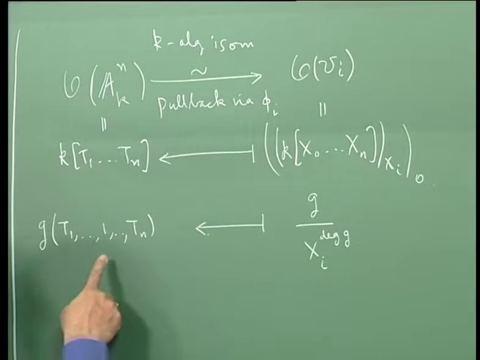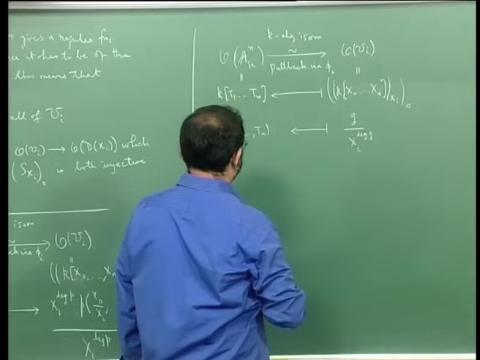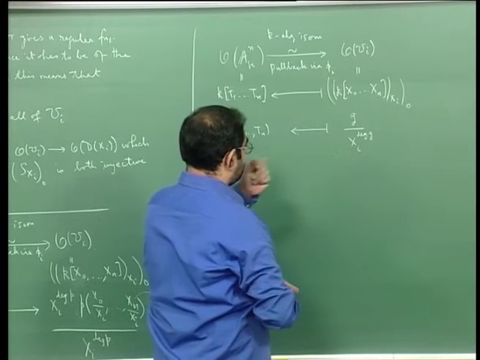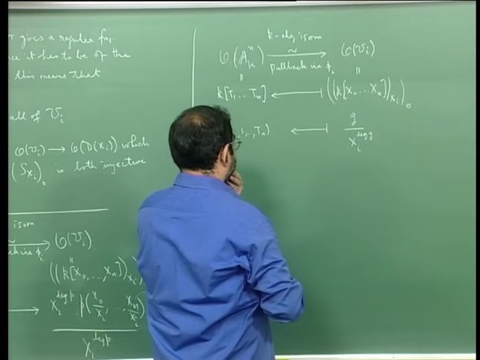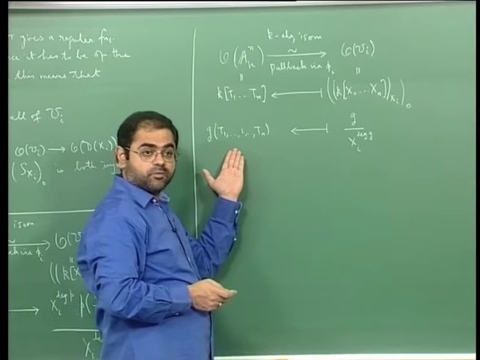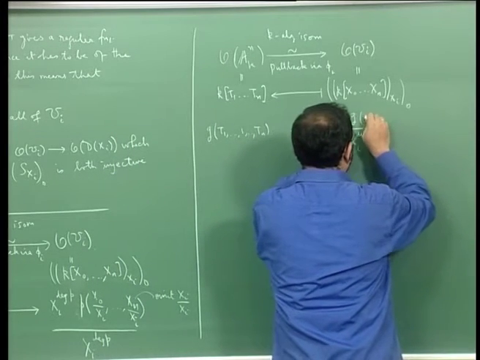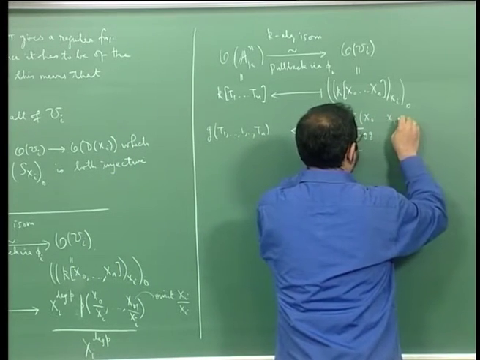So what you are doing is you are simply sending, so this is dehomogenization, this is just dehomogenization. So this g is a polynomial in x naught etc. xi xn.